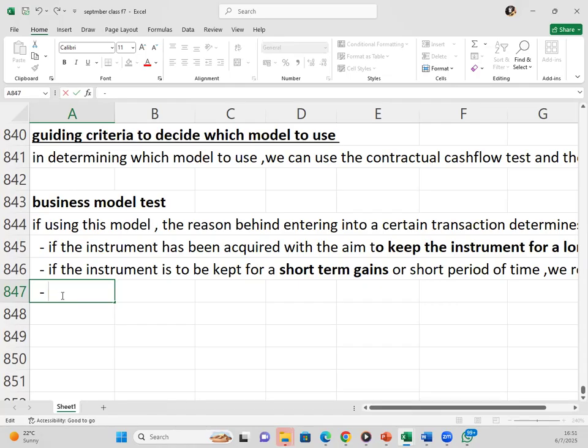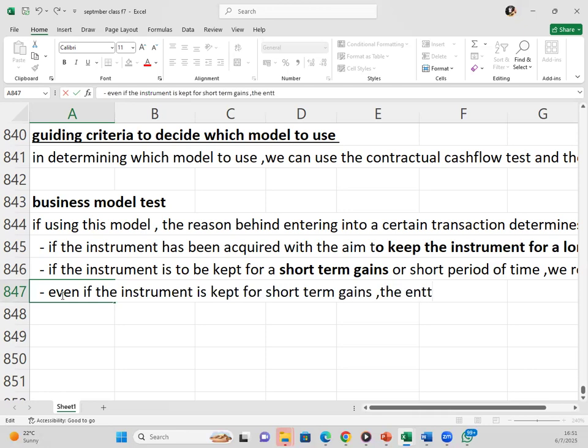So if the entity wants to delay the payment of tax, even if they are keeping the instrument for short-term gains, they can elect to recognize the gains or losses through OCI.